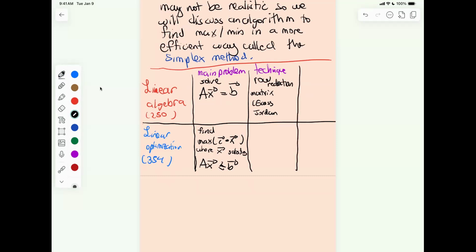Instead of Gauss-Jordan or row reduction, the thing that replaces that in this class is the simplex method. So that's what corresponds to that.